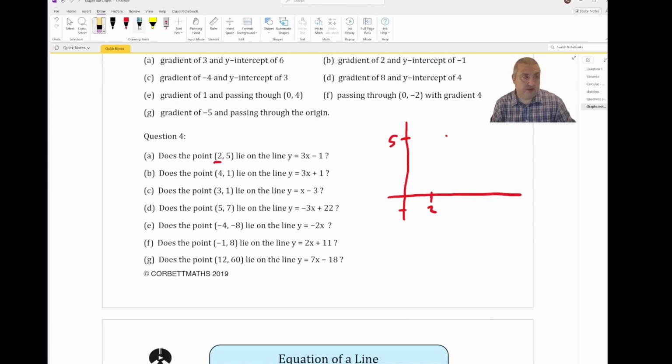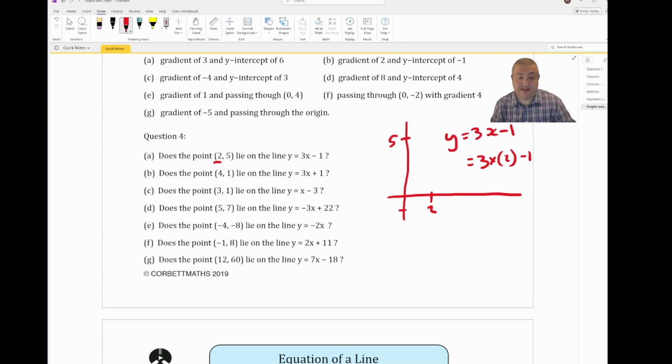So we've got this equation that says y equals 3x minus 1. Well, what is the value of y when x is 2? Let's put that in. 3 times, and I'll put in brackets 2 because it's a variable, minus 1.